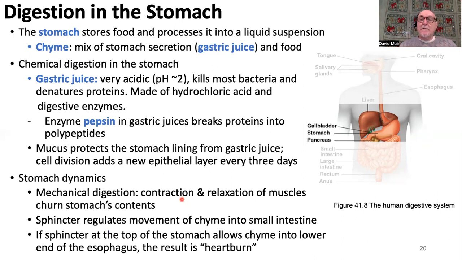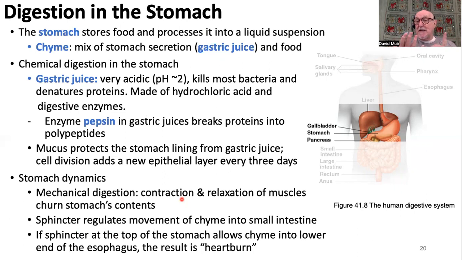In addition, the gastric juice contains a very powerful enzyme. Actually there are a couple, but the most important one is pepsin. Pepsin is a powerful protease. It breaks down proteins.